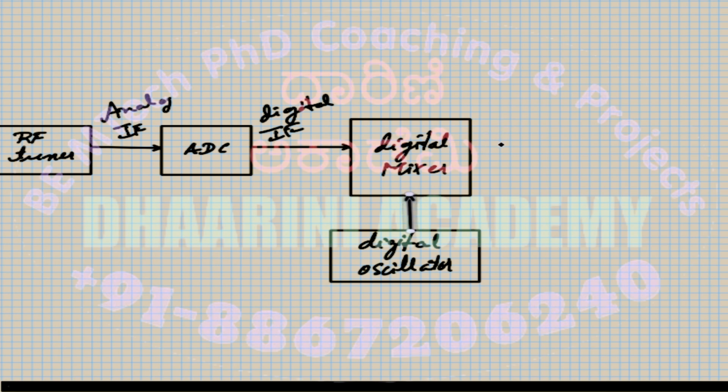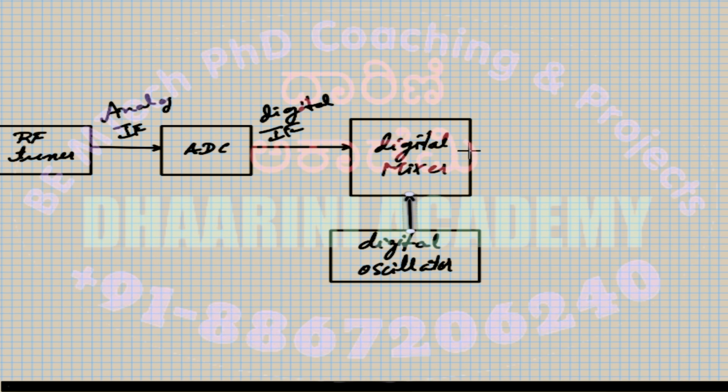Plus, this is passed through a filter because when you multiply two signals using a mixer, you have two types of frequencies coming up. Normally you multiply cos into cos, you get a cos squared function, which is 1 plus cos 2 theta. You see that there is a high frequency 2 theta coming up.